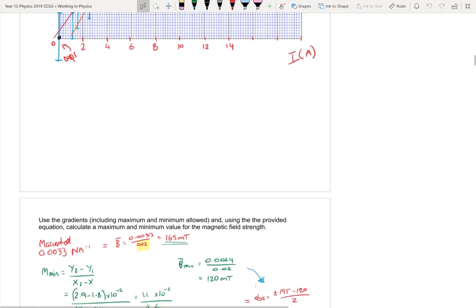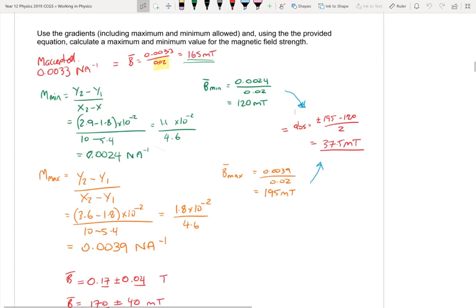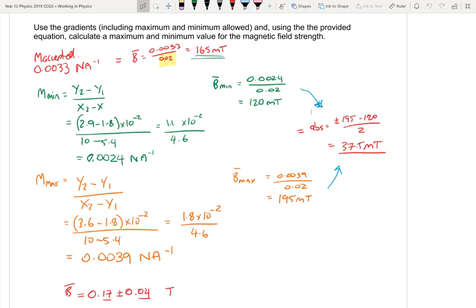We did this earlier in term 2. Across the page, we rearranged to get the magnetic field strength as 165 millitesla. However, the minimum gave us down to 120, and the maximum gave us up to 195.